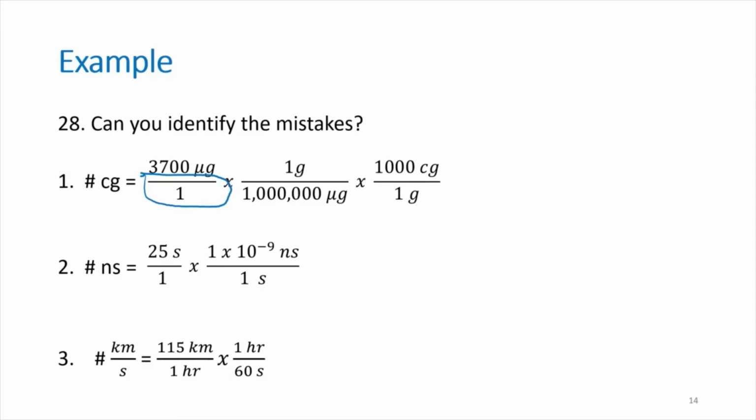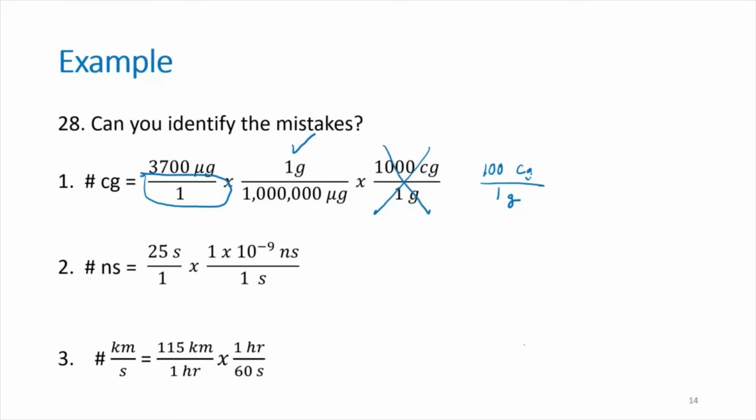I know there is 10 to the 6th micrograms for every 1 gram. So this conversion is correct. It's 1 million micrograms to 1 gram. Then I've got times 1,000 centigrams per 1 gram. This is not correct. This should be 100 centigrams per 1 gram. So that's where the mistake is in the first one.